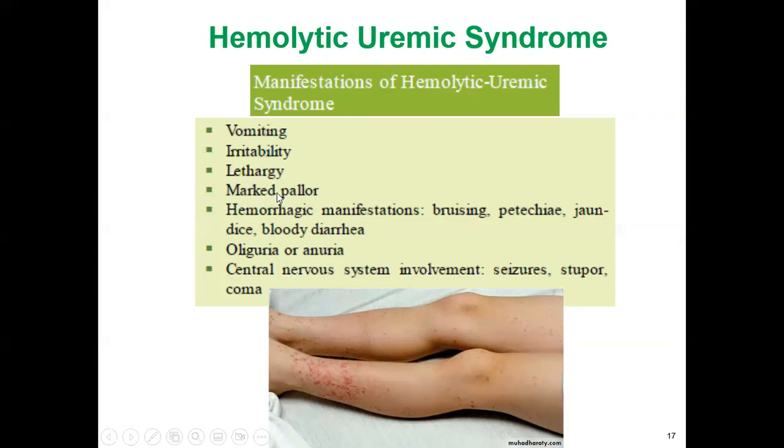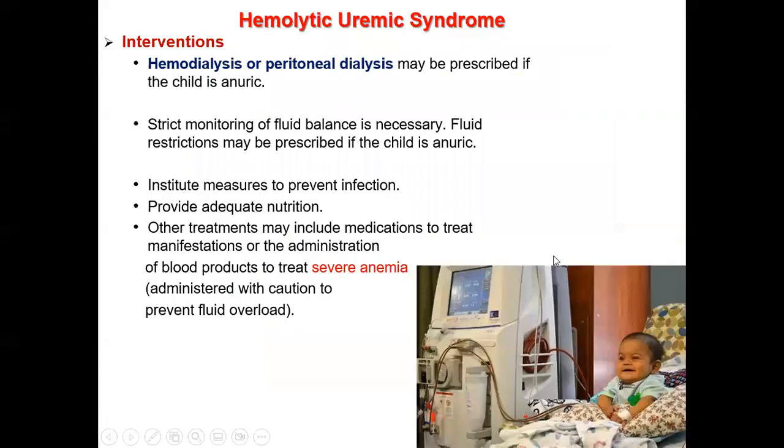Oxygen going down to the tissue makes the patient feel lethargic. Hemorrhagic manifestations like bruising, petechiae, bloody diarrhea. Oliguria and anuria, meaning absence of urine or a very scanty amount of urine. Central nervous system involvement like seizure, stupor, and coma.